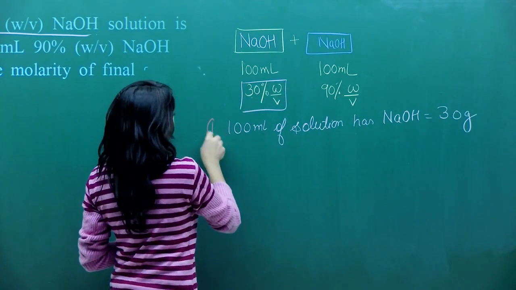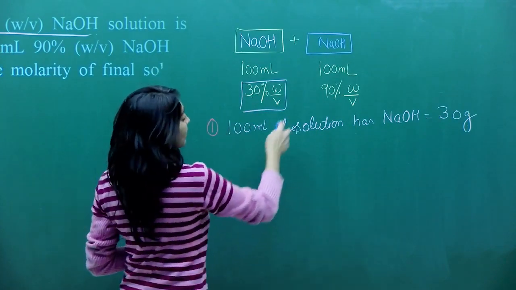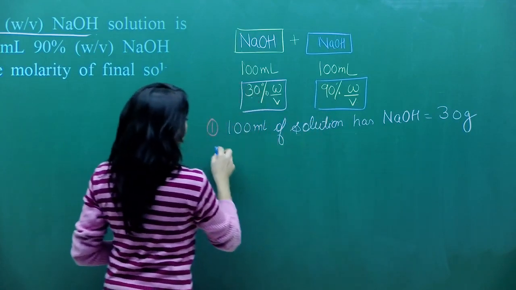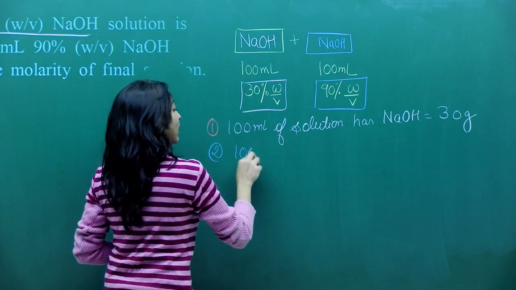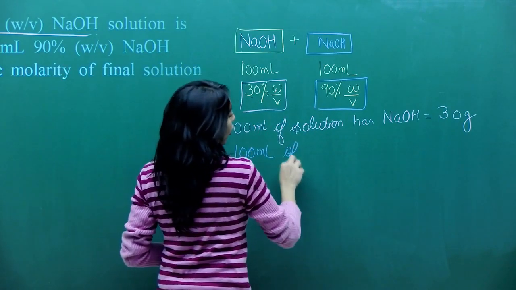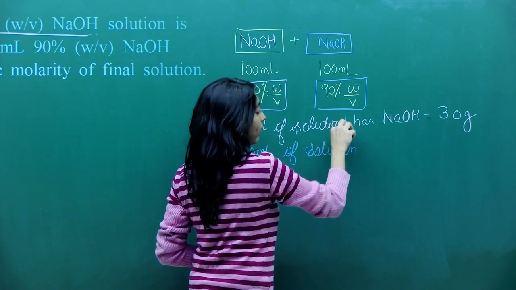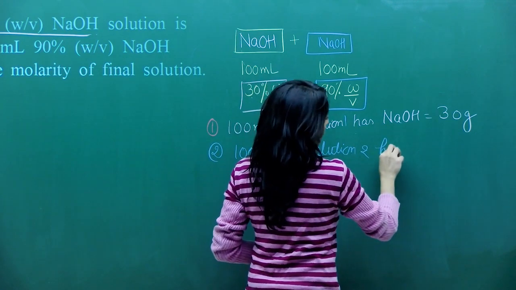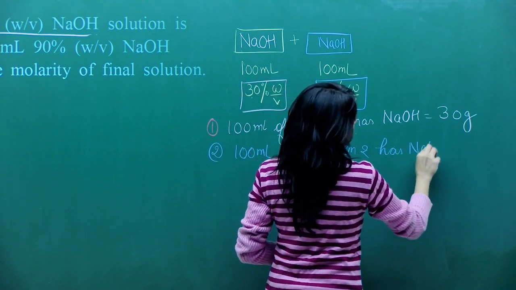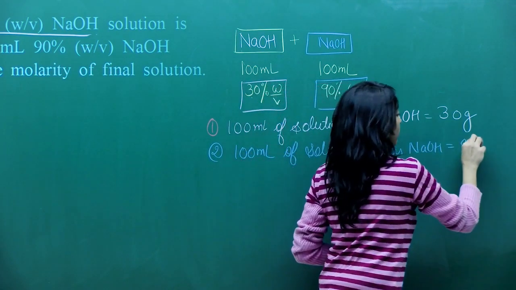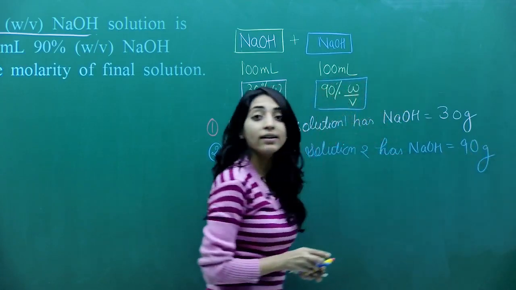Solution number 1. If I talk about the second solution, which is 90%, again can I say 100 ml of solution 2 has 90 grams of NaOH.